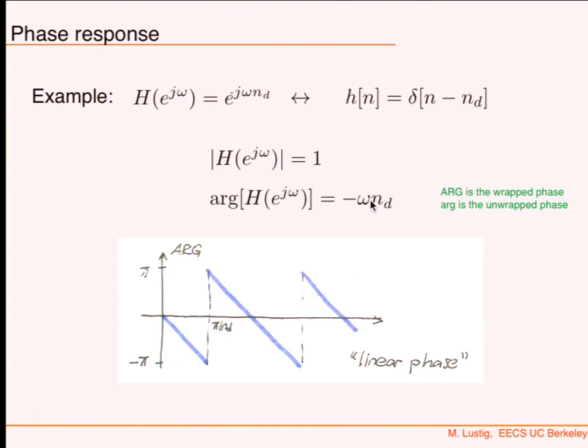So when the phase is a linear function in the frequency domain, that will correspond to a delay. If the slope is negative, things are delayed in time. If the slope is positive, then things are advanced in time. Okay? That's what it basically means.